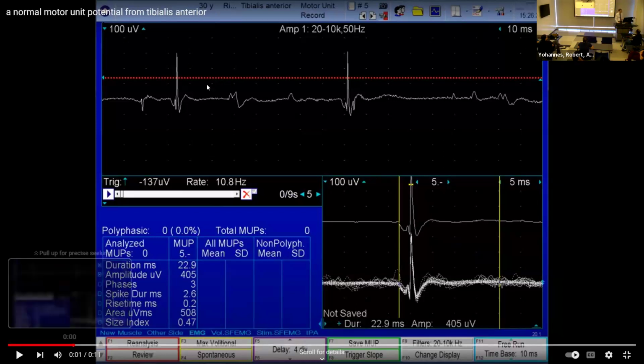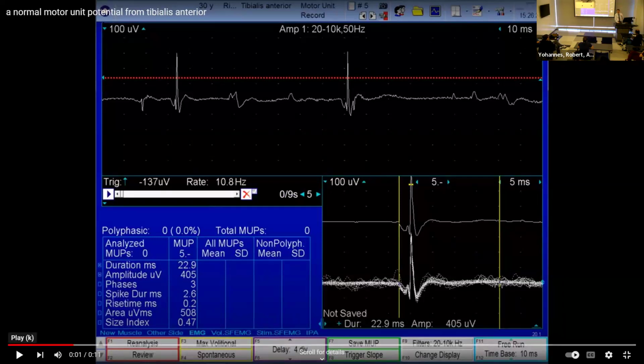Okay, so what I was showing earlier is this is a normal unit. On the top, you just see it running. And here we're catching them, so we can analyze each individual unit. Look at the phases, the width, and the amplitude. But what I was saying earlier is also try to listen to it. What you hear here is kind of a mid-range thump, not very high frequency, not very low. So just put that in your hard drive because we'll hear later on variations on the theme.